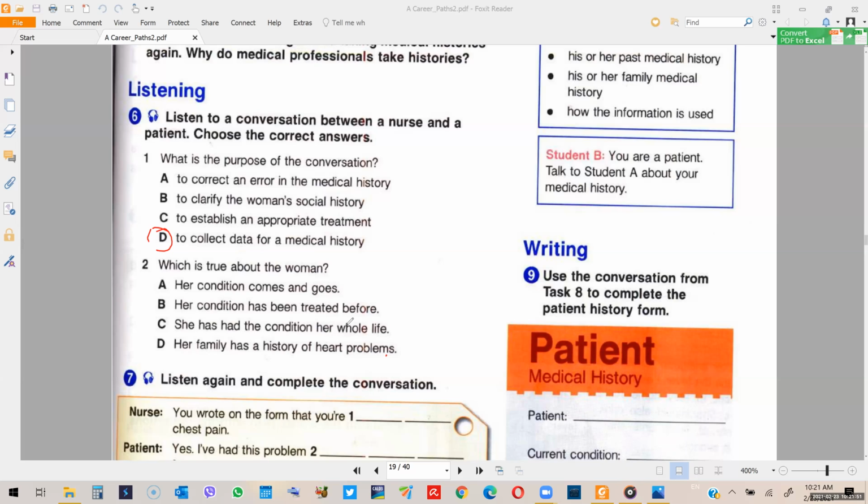So she said, my condition comes and goes. So the correct answer is A. Good, yes. So it is A. We are going to listen again anyway, and we are going to fill the gaps in here.